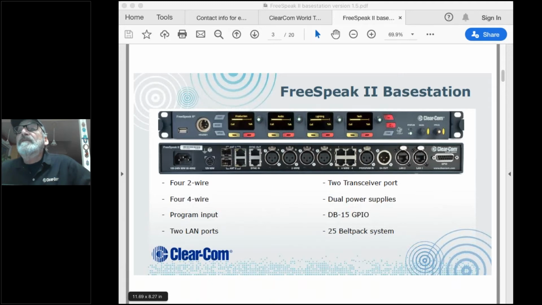All right, and speaking of stage announce, just to the right of the program audio, female XLR is a 3-pin male XLR, which is our SA out, stage announce out, or some people call it voice of God. So on the front panel, just to the right of those 4 key sets, we see a little top button says SA, stage announce. And so the operator that might be using that base station as a headset station can push that button, and their headset mic would then be routed out of that stage announce port.